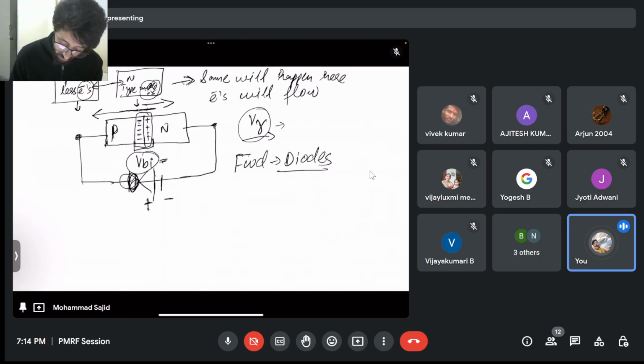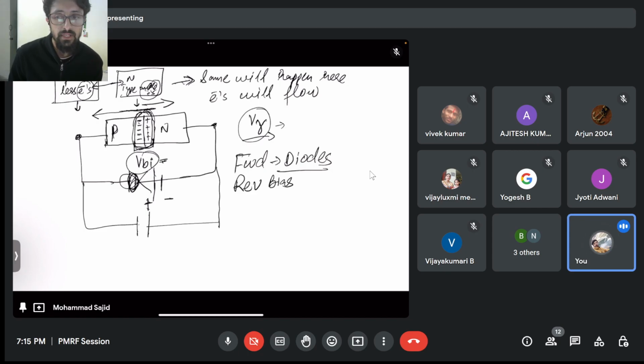If we now apply reverse bias, that is in this direction, this internal potential also increases, so this blocks your total current. I won't go into band diagrams. You will study those in your BTech only in your last semesters.